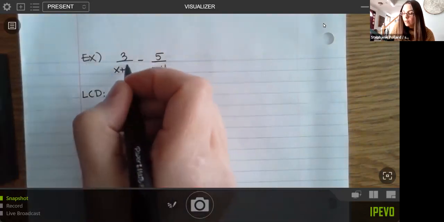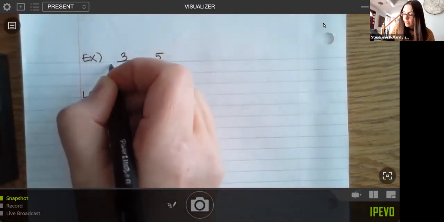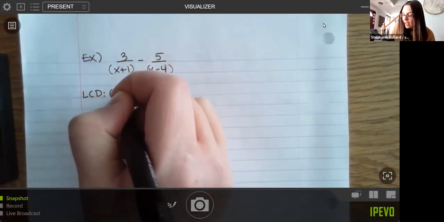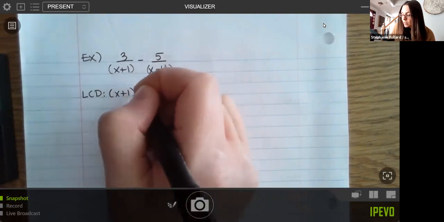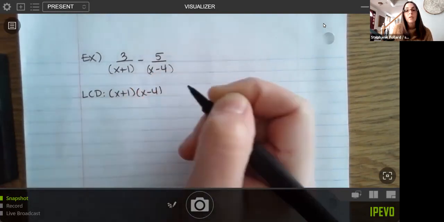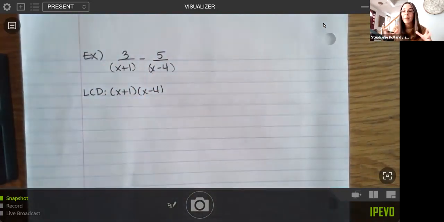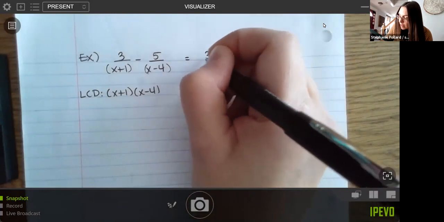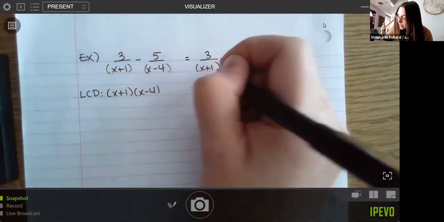So for this one, this is one factor, right? Think of it like it being stuck together. So x plus 1, I need that denominator. And then x minus 4 is a different one, so I need that one too. So I basically just combined all my different factors together for my denominators. And then what you're going to do is multiply with whatever is missing.